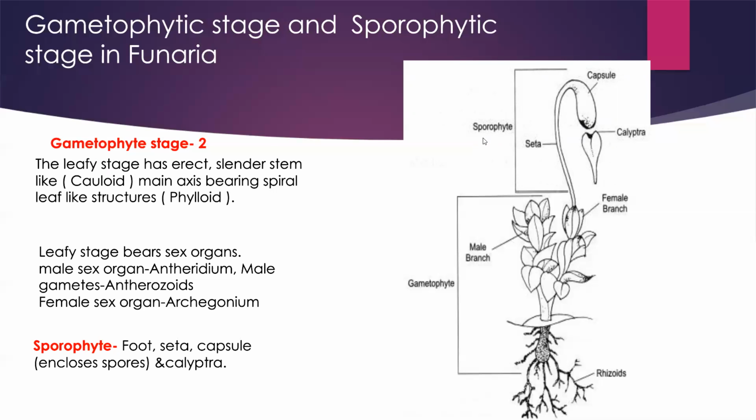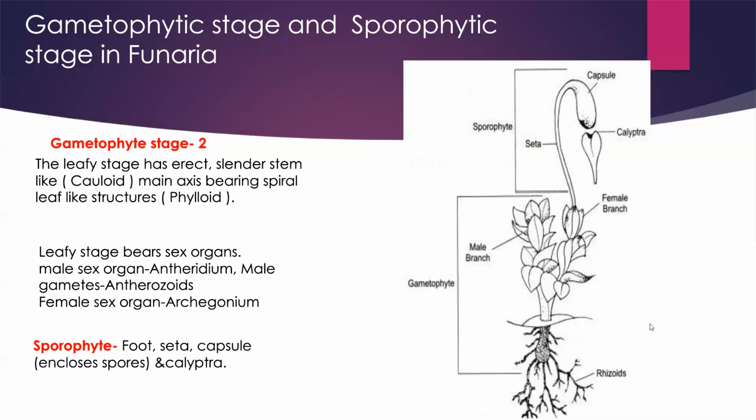As I told you, the sporophyte bears spores and the gametophyte bears gametes. The sporophyte bears haploid spores. These haploid spores on maturity come out from this capsule, and when they fall on the ground, the haploid spore develops into the gametophyte.